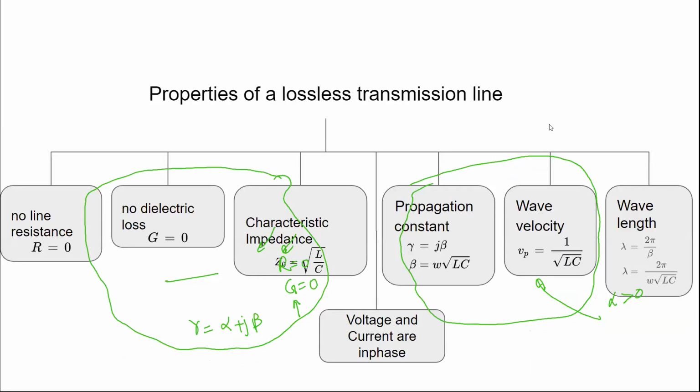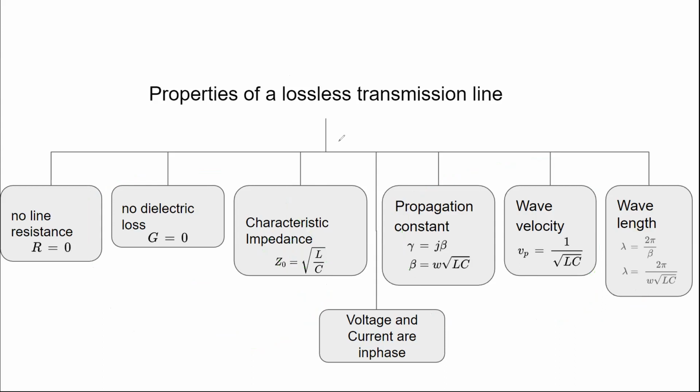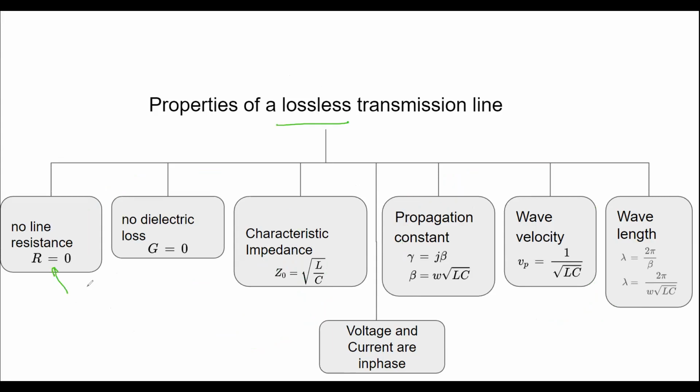Therefore, it is important for us to know some parameters related to lossless transmission lines, in order to use these characteristics in our different propagation scenarios in the transmission lines. In the lossless transmission line, we have the resistance equal to 0, as I said before, then G equals 0.